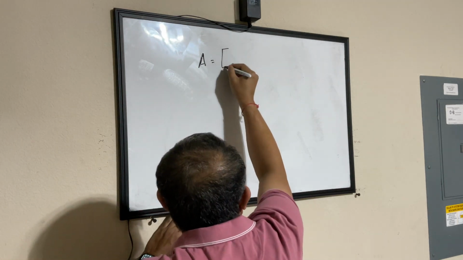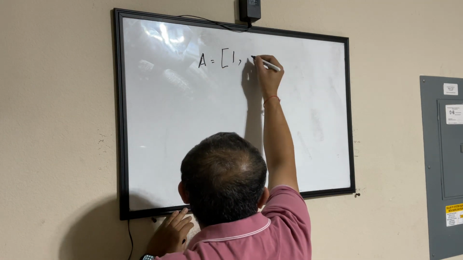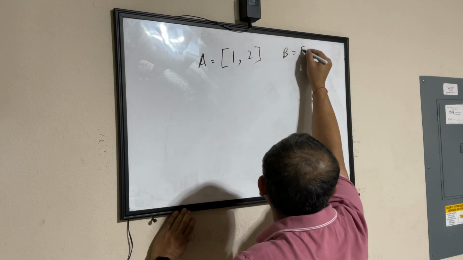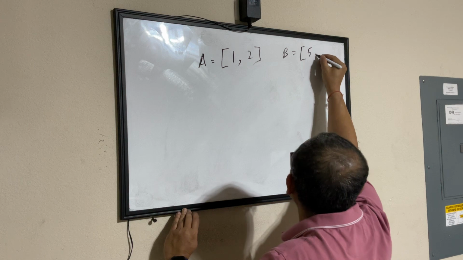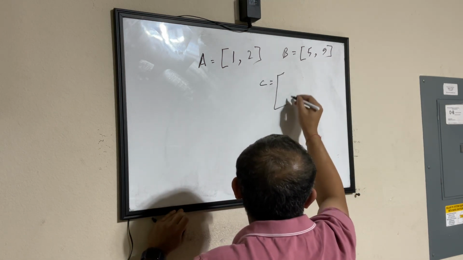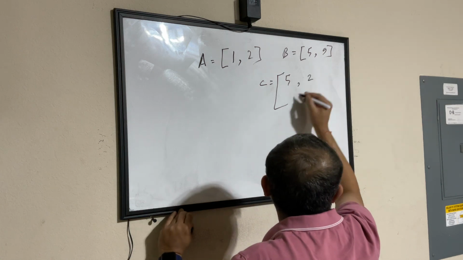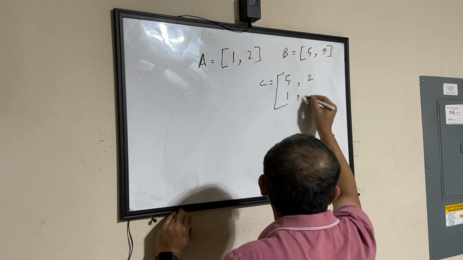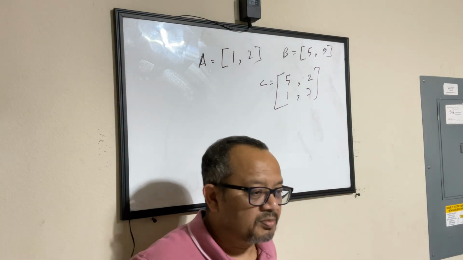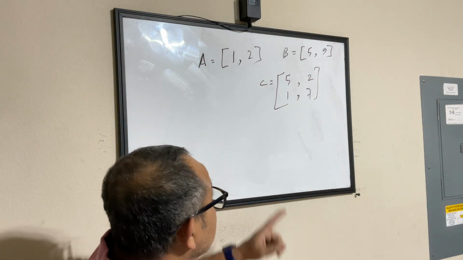I'll put some matrices here. Let's say I have two matrices. B is 5, 9, and I have a third matrix. As soon as I do this, you guys have to stop me, saying, sir, you are wasting our time.